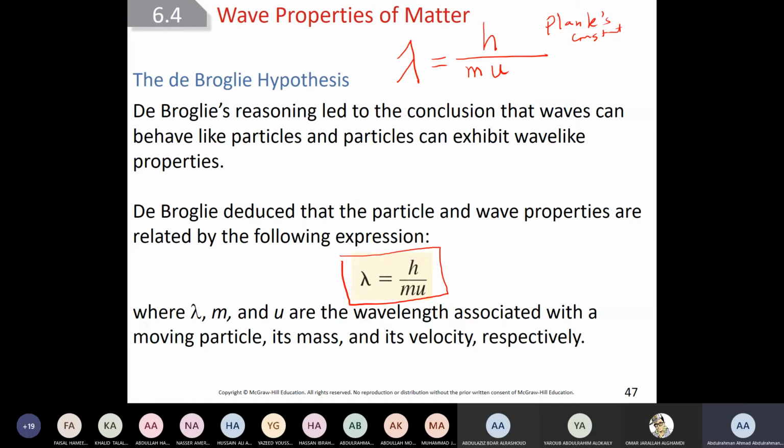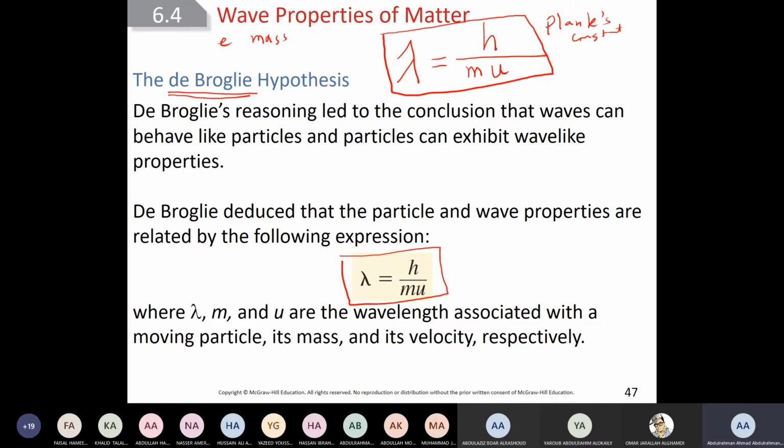I want you also to memorize this equation extremely well. What's the name of this equation? De Broglie again. Both equations are de Broglie equations. All right. What's interesting about this equation, if you have an electron, it will have mass and speed.